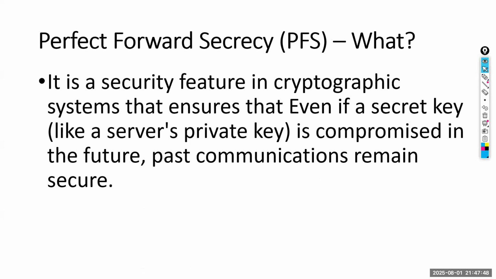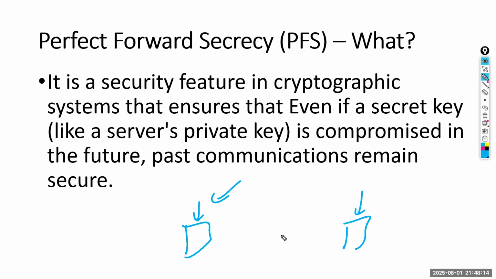Right. So the final subtopic is perfect forward security. This is also related to symmetric key cryptography. Remember, we use the same key for encryption and decryption. So if someone hacked the encryption key, the same key is used for decryption.